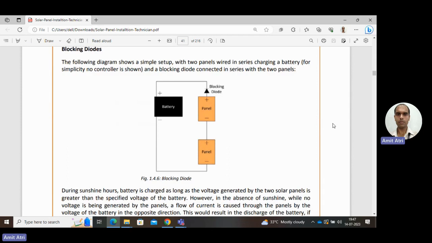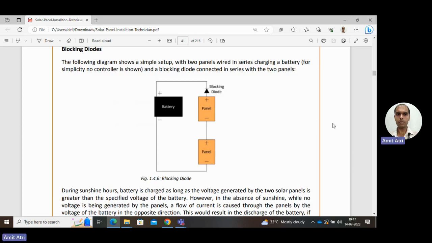Here in the diagram, the battery is connected with two solar panels. Both of these panels are in series. Why are they in series? Because the positive of one panel is connected with the negative terminal of the other panel. After that, there is a blocking diode.